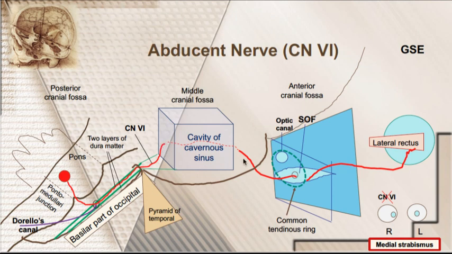The abducent cranial nerve enters the orbit through the common tendinous ring and then deviates laterally to supply the lateral rectus muscle. Lesion of the abducent nerve leads to the development of the medial strabismus. The eye is rotated medially due to the unopposed function of the medial rectus muscle. Diplopia is also present.